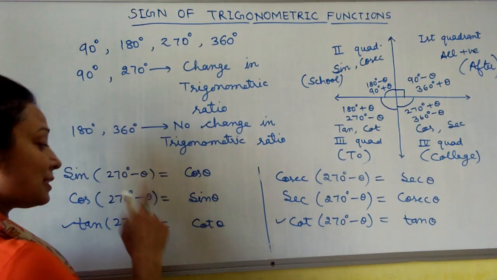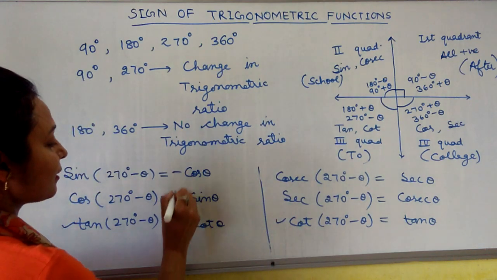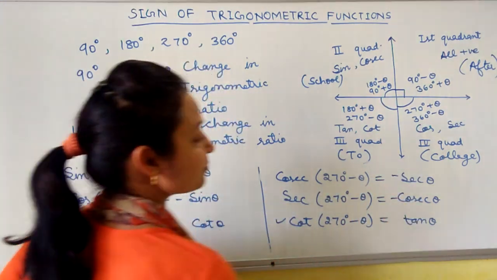But see the quadrant. The quadrant is for tan and cot, others are negative.